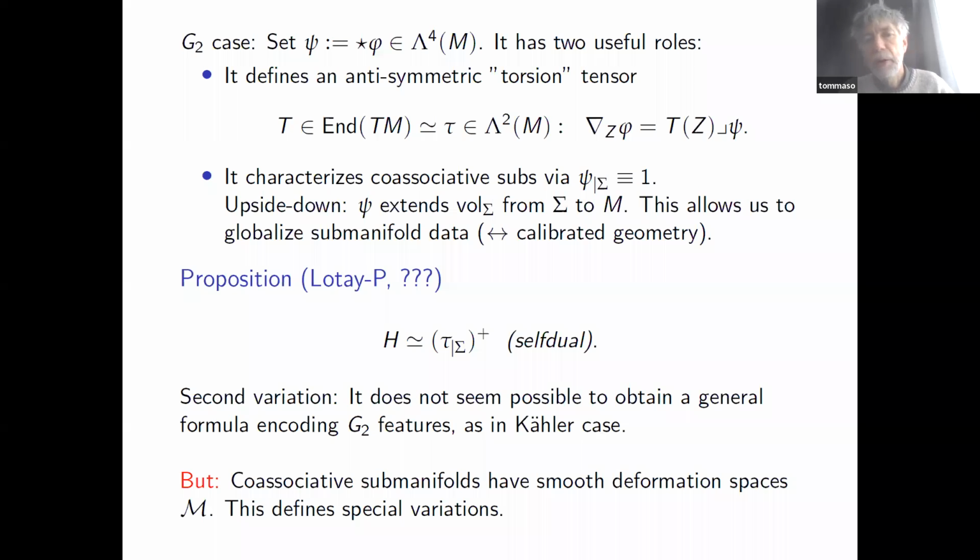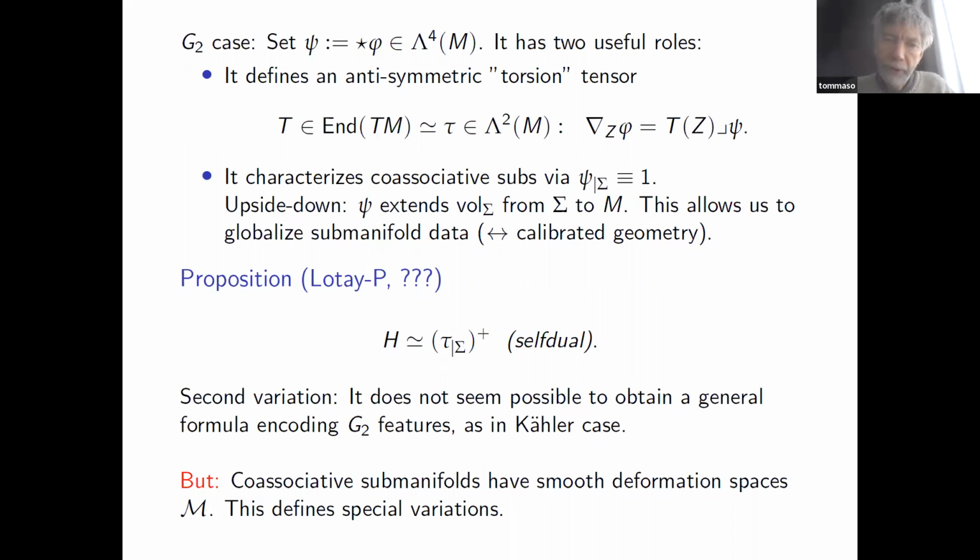It is an equivalent tensor, but it is useful because we can use it to study the covariant derivatives of the G2 structure phi. And it shows the importance of a certain torsion tensor in G2 geometry.